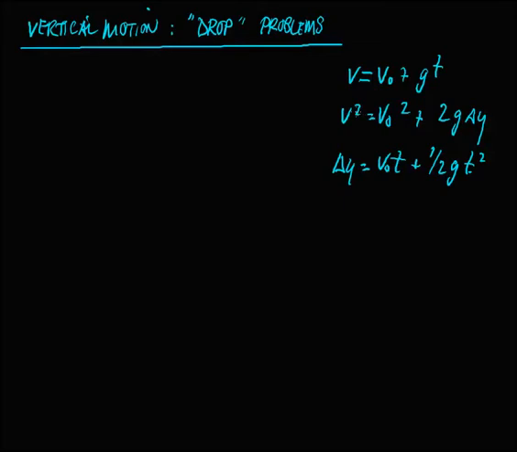Well, I'd like to look at vertical problems by looking at what type it is. If we're looking at the first type of problem, a drop problem, what we mean is we have an object, and it basically falls from rest. So its initial velocity in the y direction equals 0. Basically it's dropped. I don't throw it down, I don't toss it up.